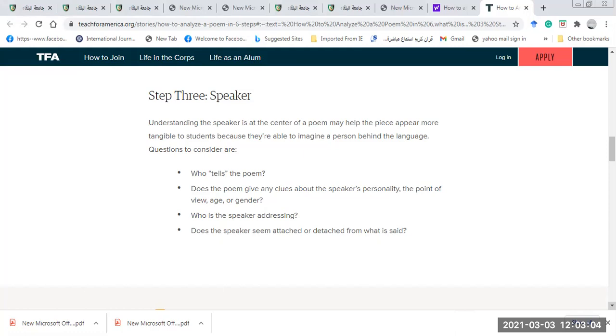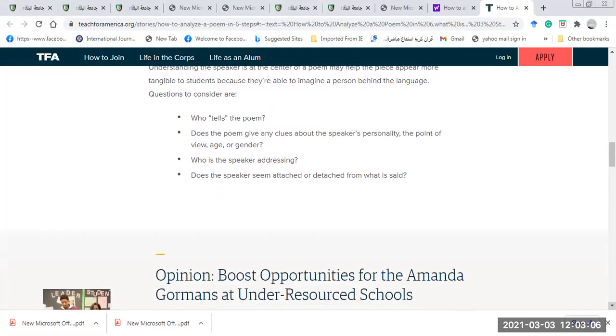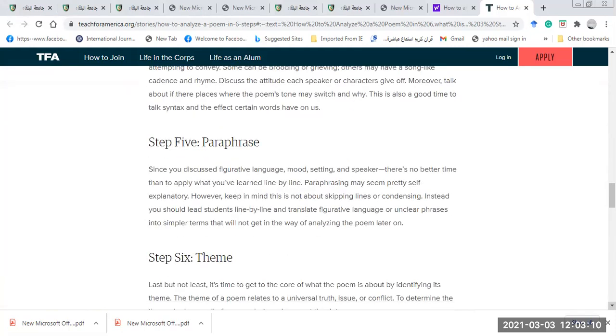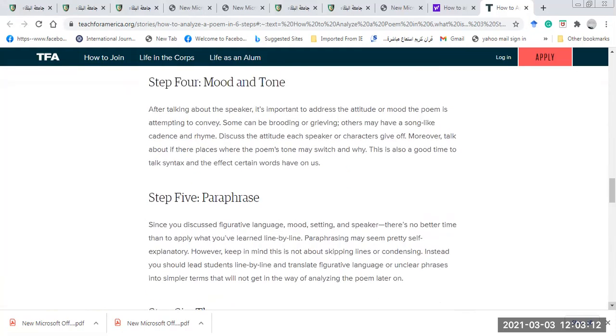Okay, so this is about the speaker of the poem. Step 4, mood and tone. After discussing the speaker, it's important to address the attitude or mood the poem is attempting to convey.